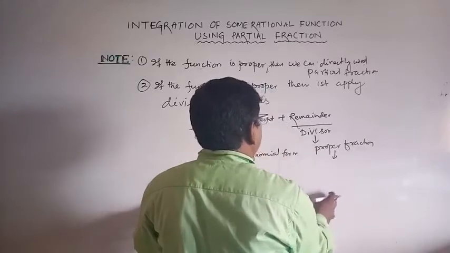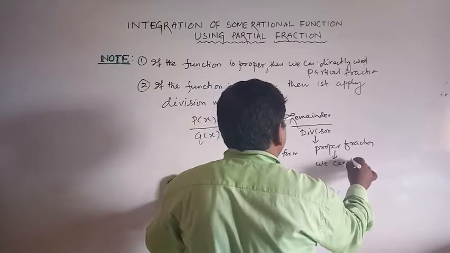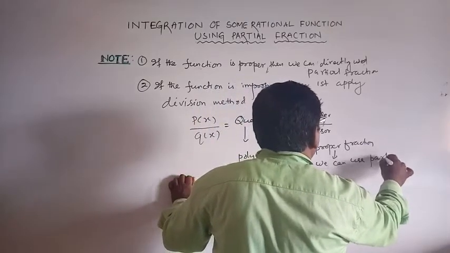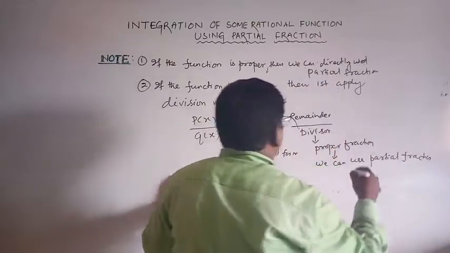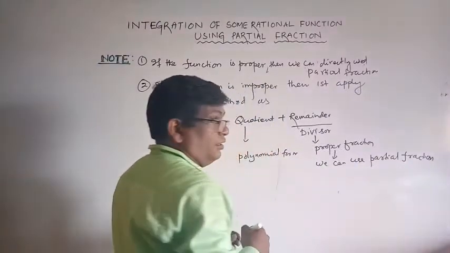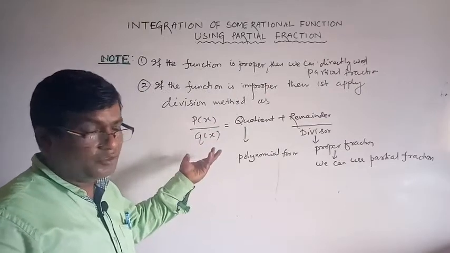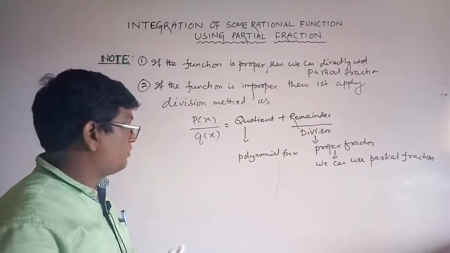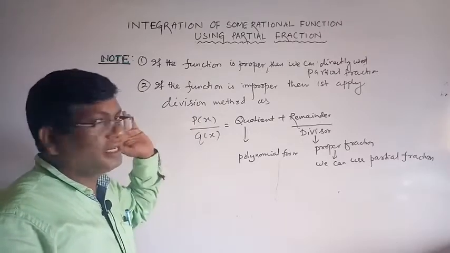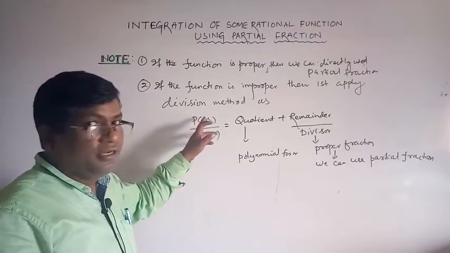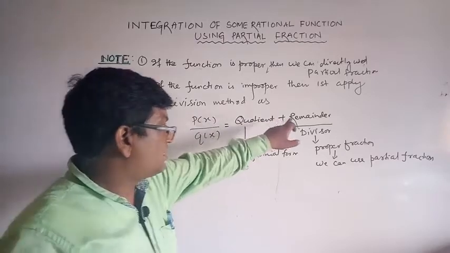Here we can use partial fraction. Clear? If the function is in proper form, then we can use the partial fraction method directly. If the function is improper, then apply the division algorithm and apply the formula: dividend by divisor is equal to quotient plus remainder by divisor.